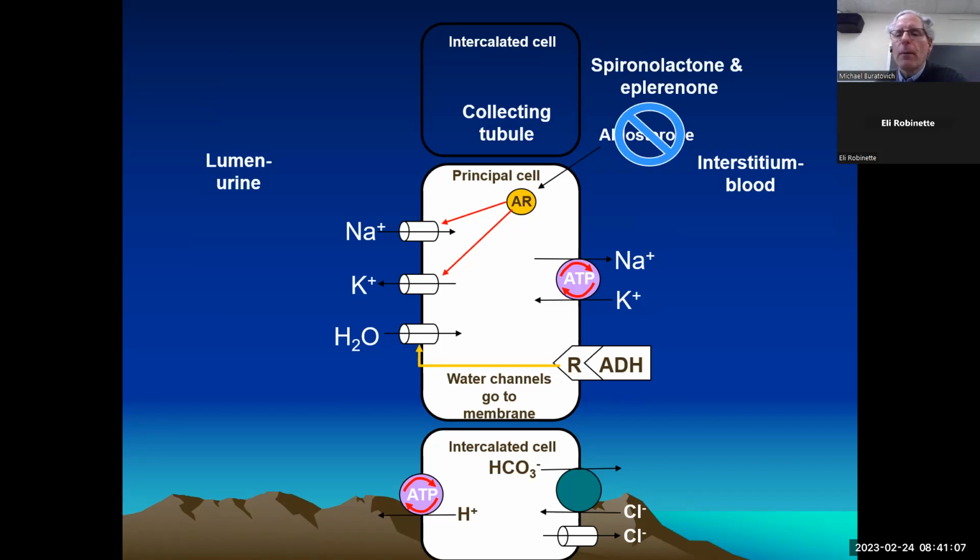These two potassium-sparing diuretics, spironolactone and eplerenone, are aldosterone antagonists. More accurately, they're aldosterone receptor antagonists. They gum up the aldosterone receptor. They prevent it from being able to bind aldosterone. Therefore, the expression of these two channels diminishes substantially. You keep more sodium, therefore, in the filtrate.